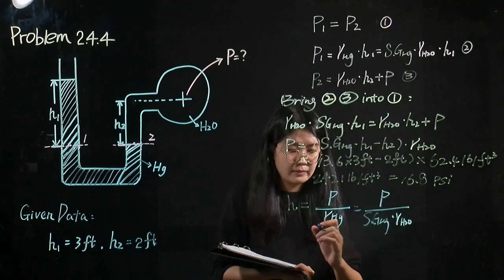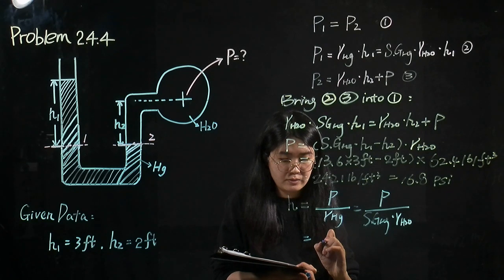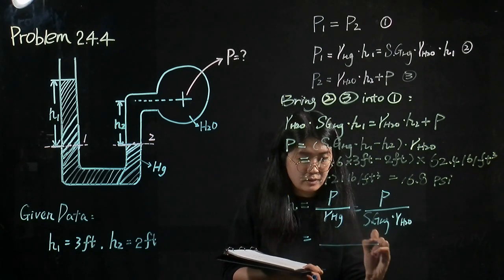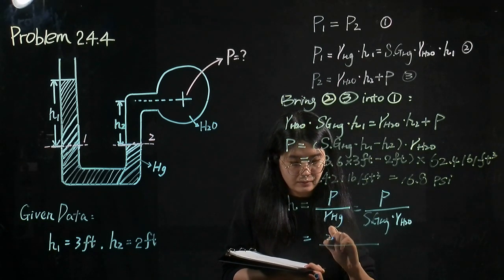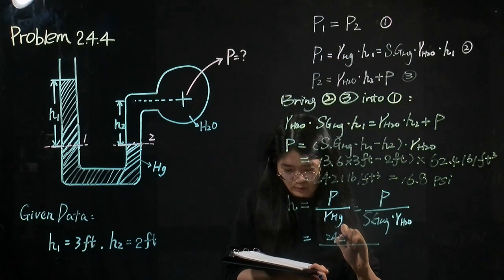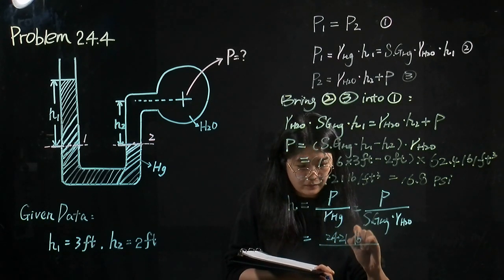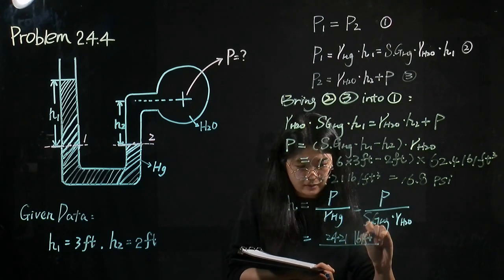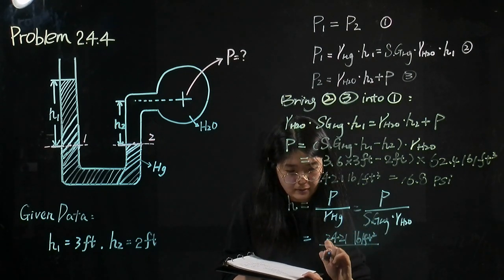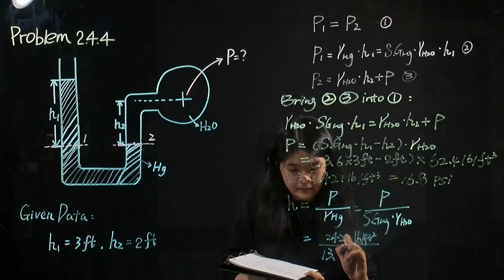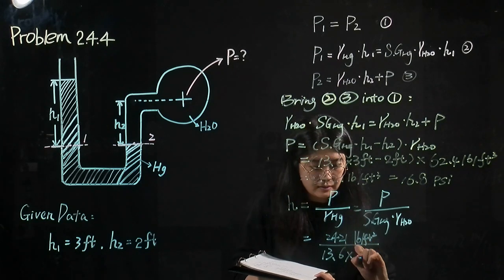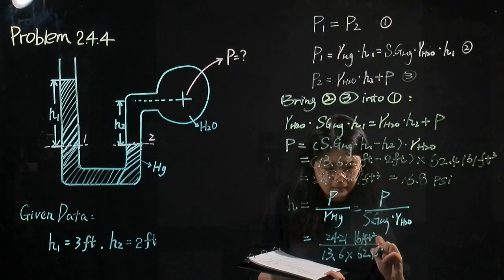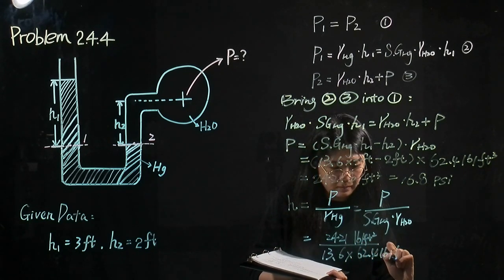Then we bring the values into this equation. It would be 2,421 pounds per square foot over 13.6 times 62.4 pounds per cubic foot.